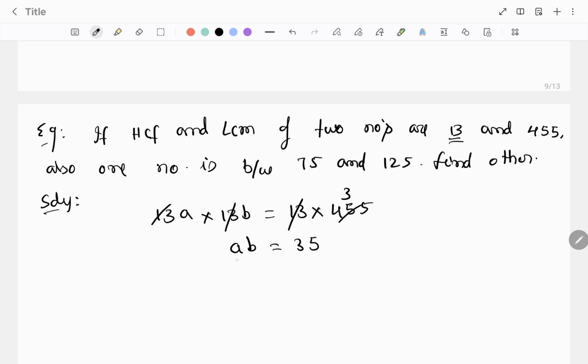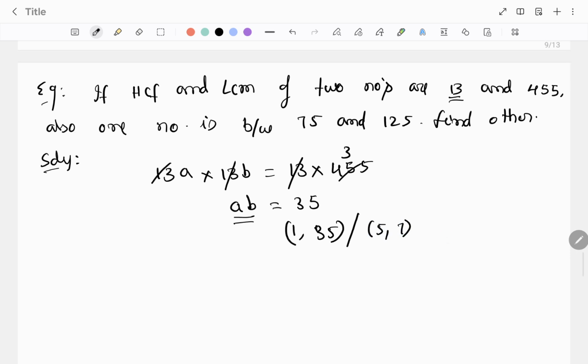Now for a into b, how many pairs can we write? One is 1 and 35. The other pair is 5 comma 7. Now the numbers become 13 into 1, 13, and 13 into 35, 455. These are the given numbers, so this is not our answer. Then 13 fives are 65, 13 sevens are 91.